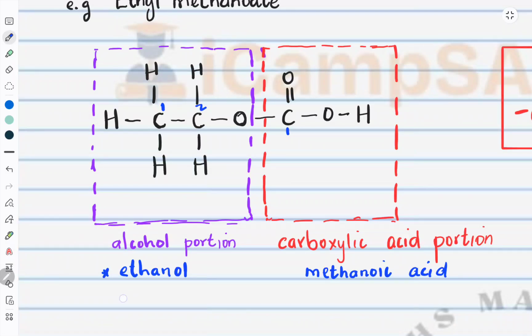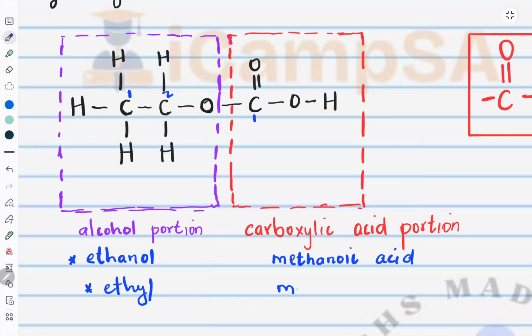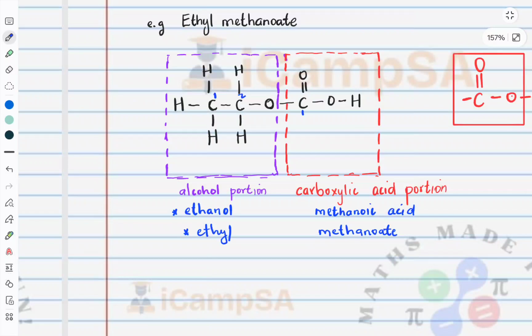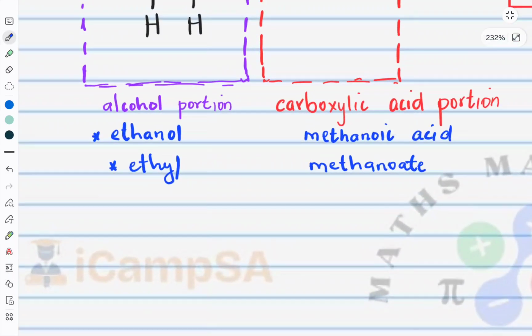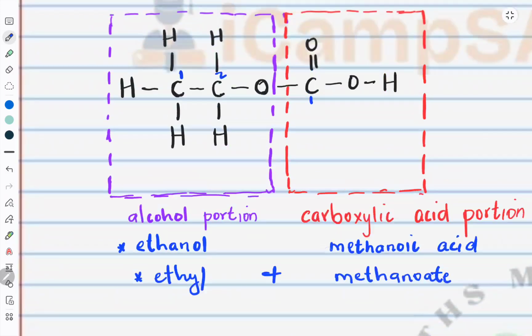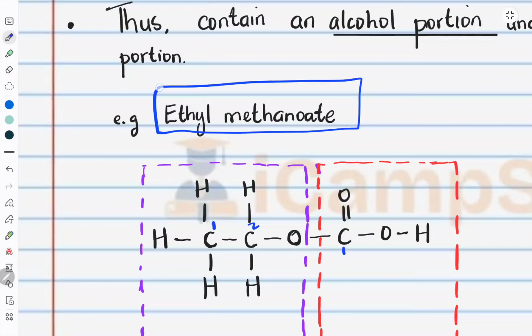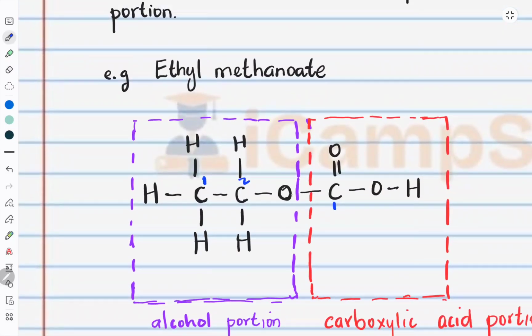What was ethanol becomes ethyl, and what was methanoic acid becomes methanoate. We will do this properly once we start doing our naming rules and examples, but essentially we add these together to form the final IUPAC name, which is ethyl methanoate.